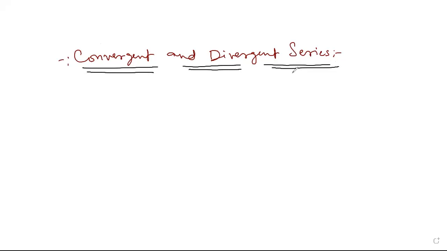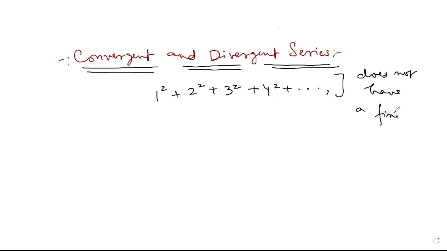For example, we take this series 1 square plus 2 square plus 3 square plus 4 square plus so on. This series does not have a finite sum.